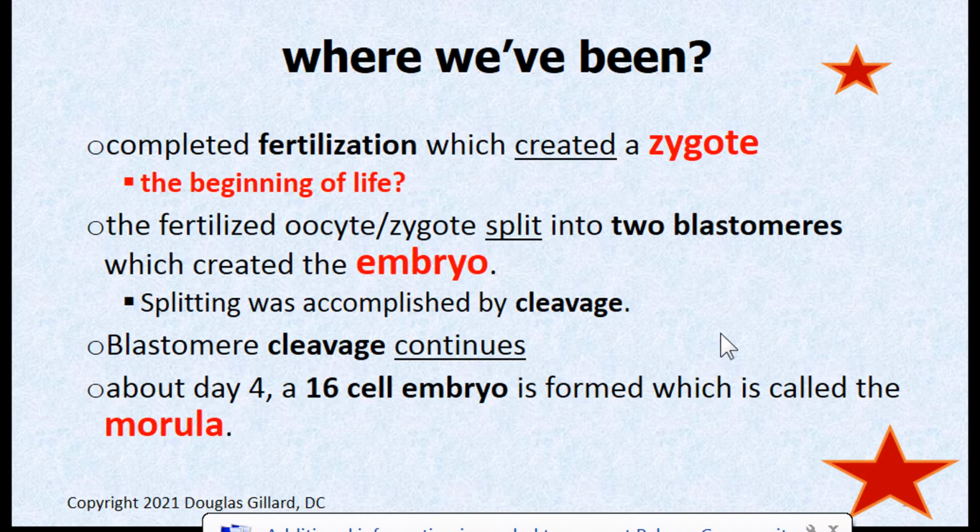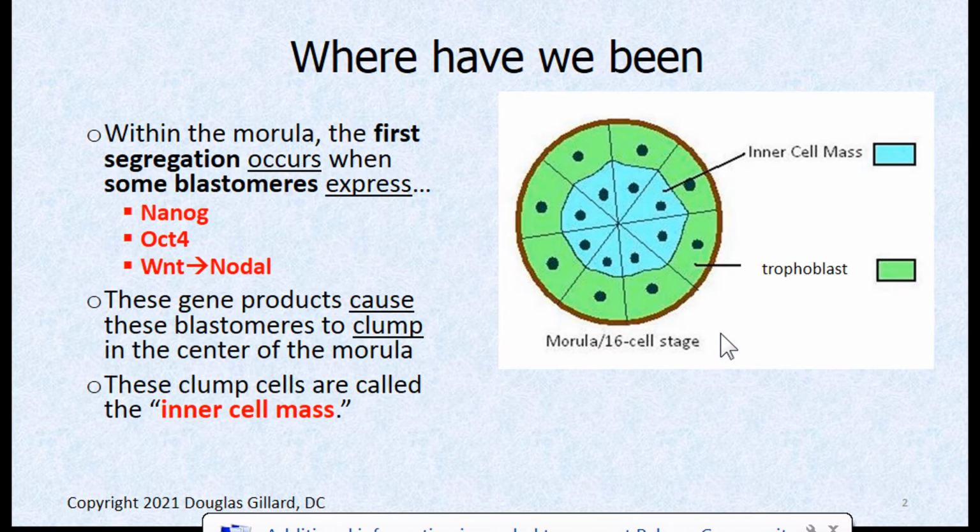And then about day 4, those daughter cells keep splitting and splitting. Remember, the daughter cells are called blastomeres in embryology. Once the embryo becomes 16-cell stage, it's called morula. There was a little controversy on that, but we're going with 16.